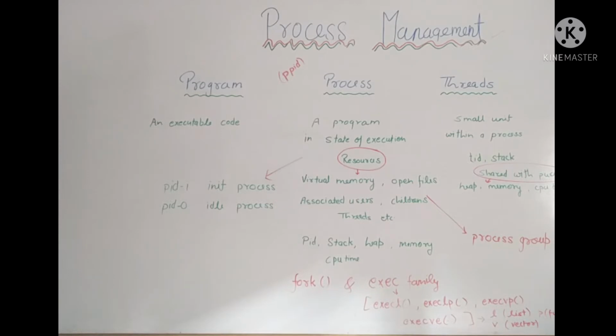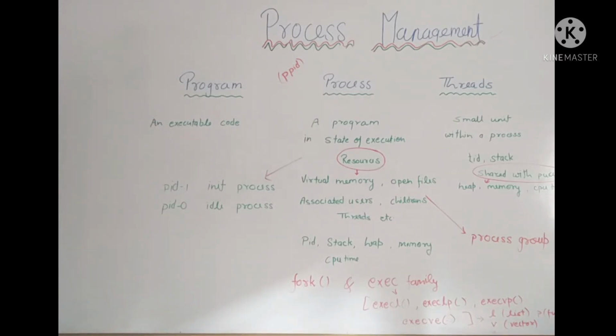A program is basically an executable code that could reside on your hard disk, your floppy drive, your pen drive, or somewhere in residual form, or even in memory while you are writing the code. So a program is basically an executable code that is a passive entity.